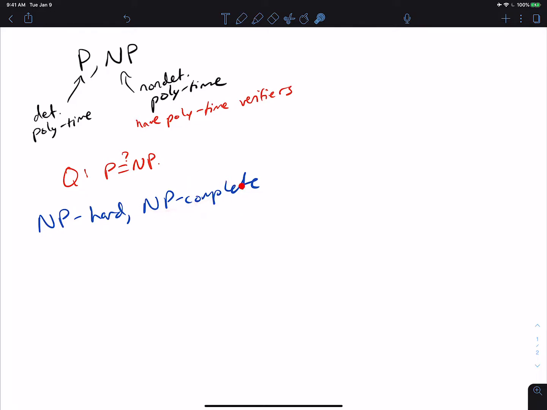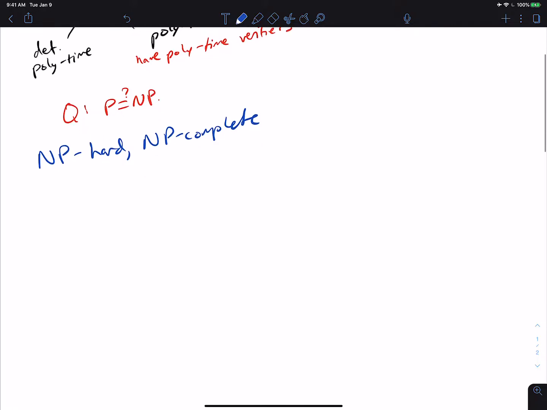So we introduced this notion of NP complete, which means that it's still hard, but it's within the class NP. So if an NP complete problem can be solved efficiently, then we can solve all problems in NP quickly too.